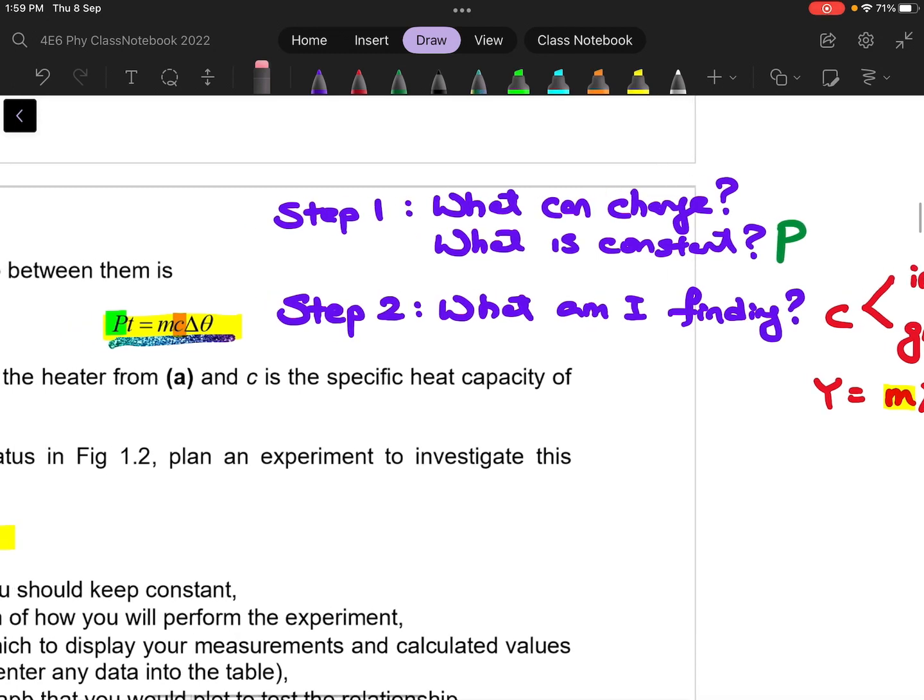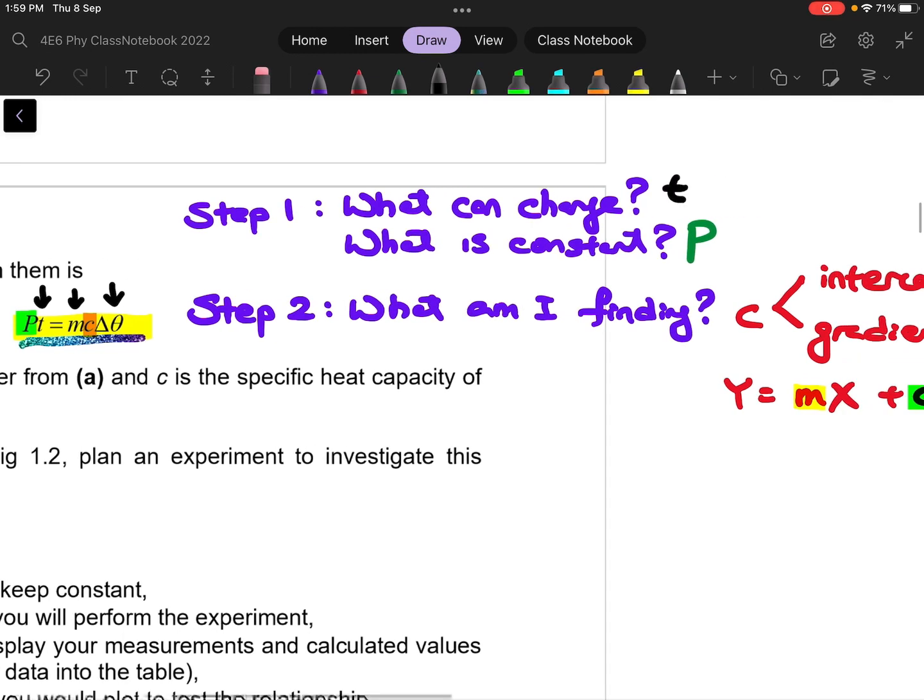Then now of course, I know that C is something that I want to find, and the question says constant, meaning that the rest of the parameters T, M, and delta theta could be something that you can change, right? So I know that T can change, M can change, delta theta is going to change. So I ask myself, what am I going to change in order for me to have the easiest life, right?